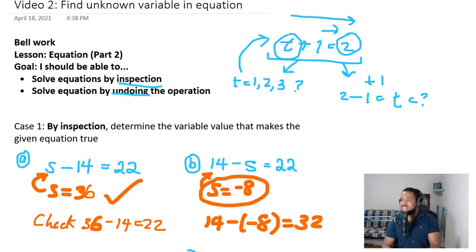So yes, in this case we figure out that s has to be equal to -8 in order for our answer to be 22. And that is how you perform your specific inspection method to determine the final value of the variable so that the equation gives the final answer that is given.